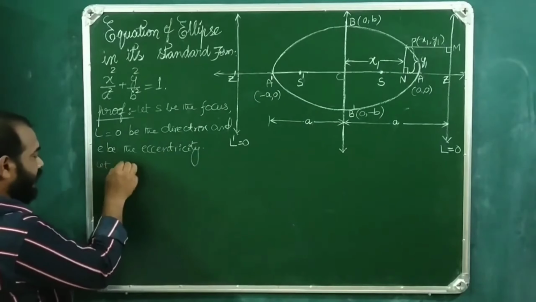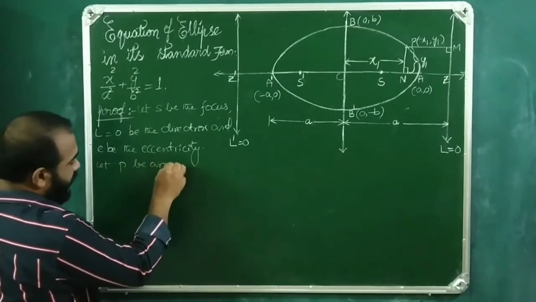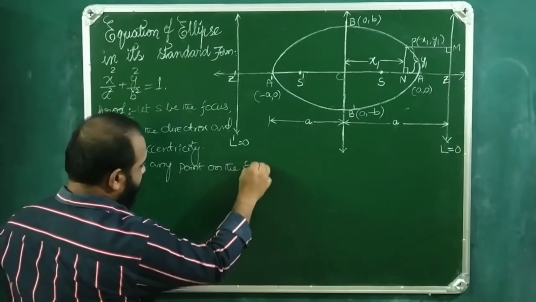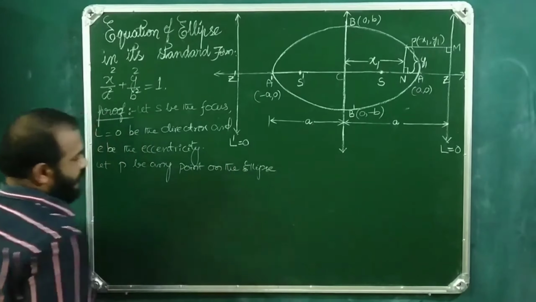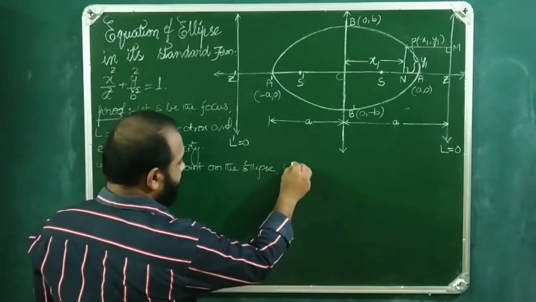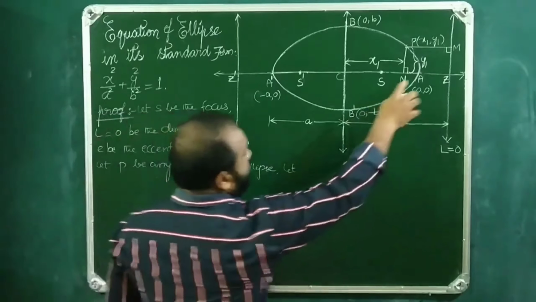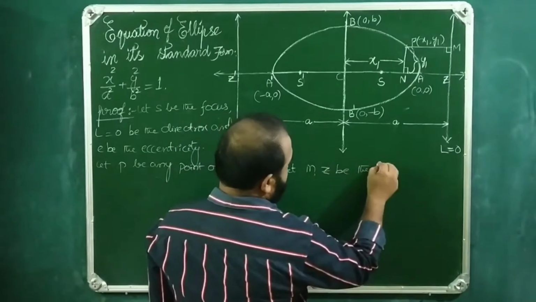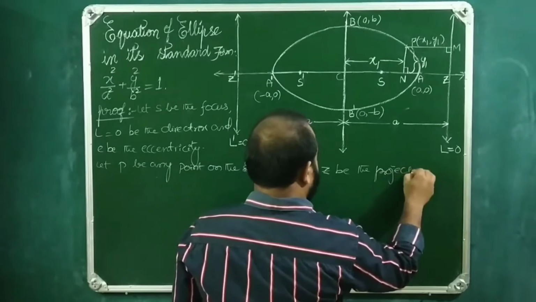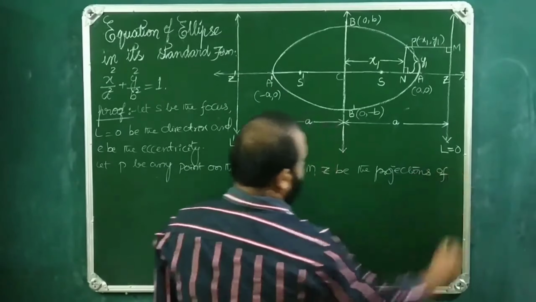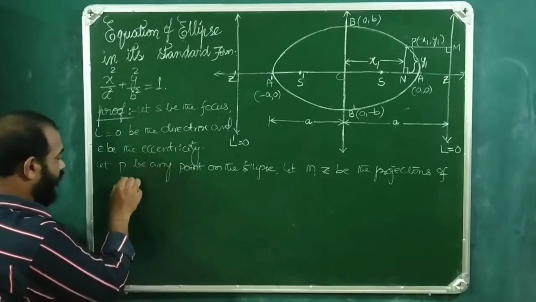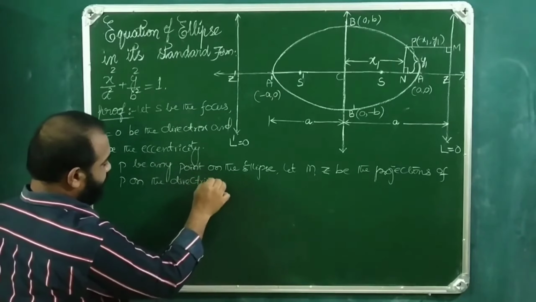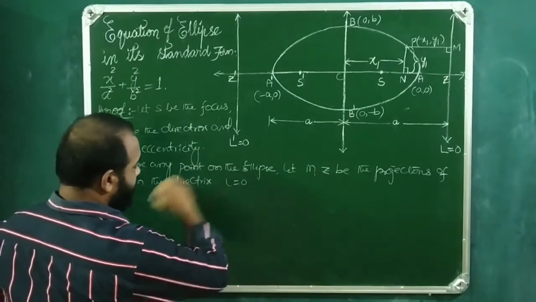Let P be any point on the ellipse. Let M comma Z be the projections of P on the directrix L equals 0.